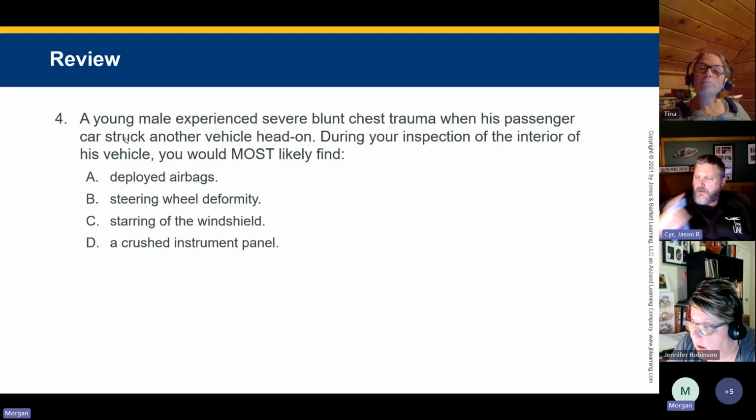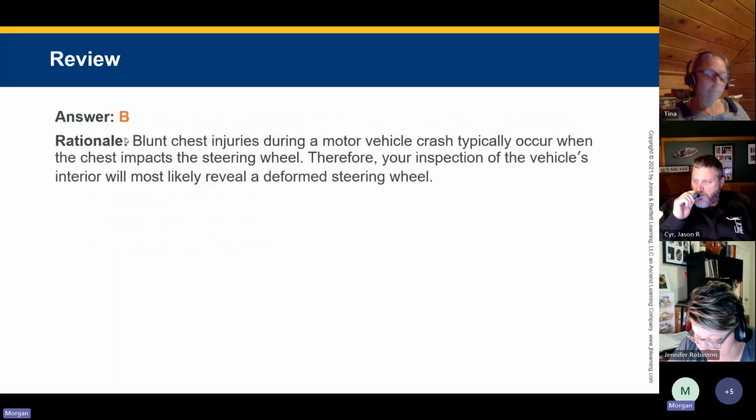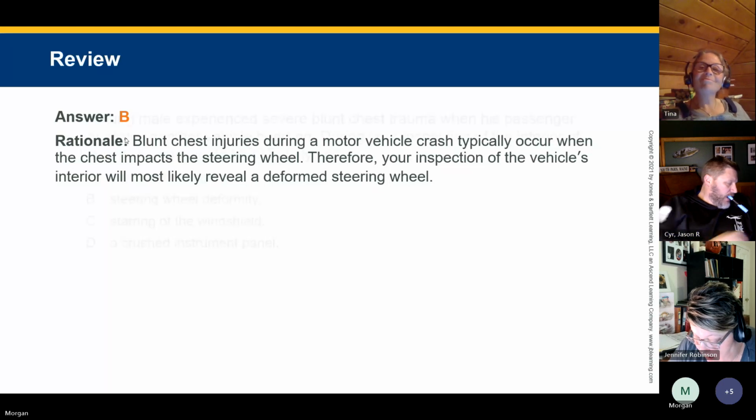It's B. It's all about the chest, steering wheel, blunt chest trauma. And if he's young, he probably doesn't have airbags.